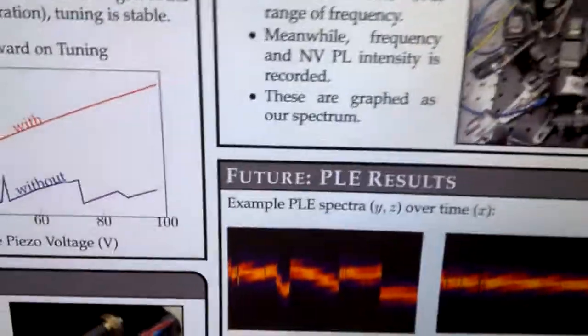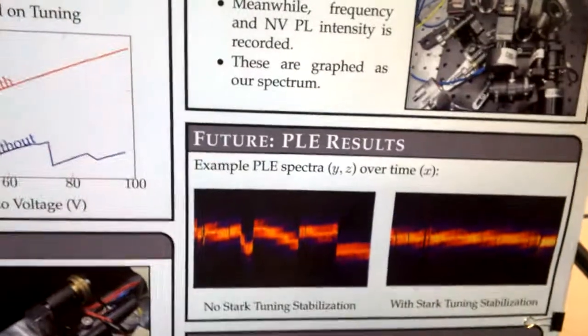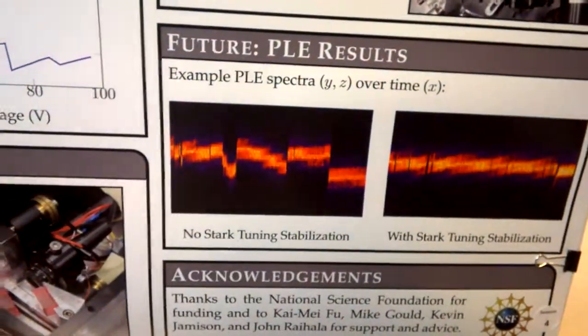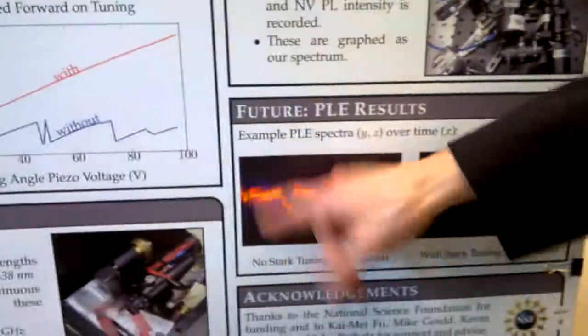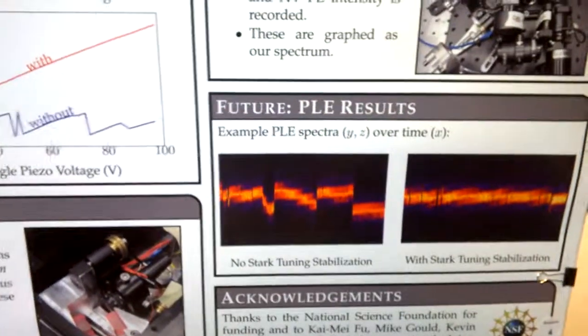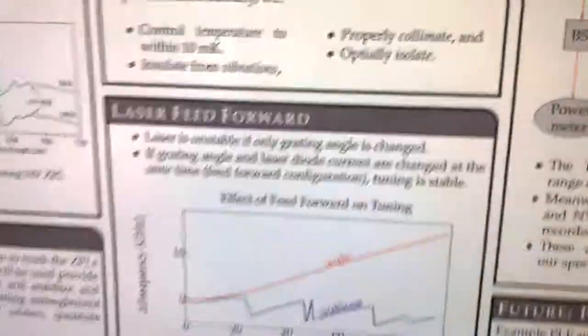Okay. Future PLE results. Example PLE spectra at Y, Z over time X. No Stark tuning stabilization. With Stark tuning stabilization. See? That's the whole purpose of getting this to work out. Also to make the zero phonon lines identical. Zero phonon lines, or ZPLs. I see.